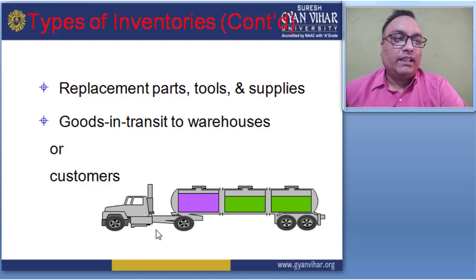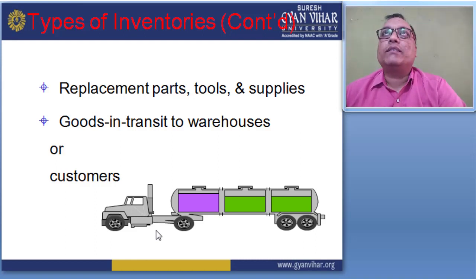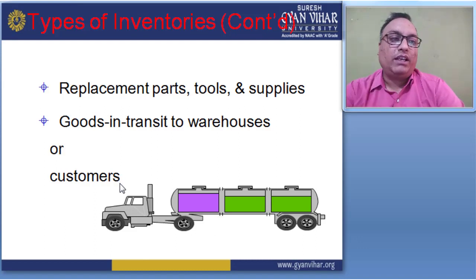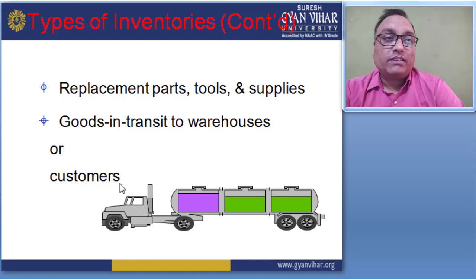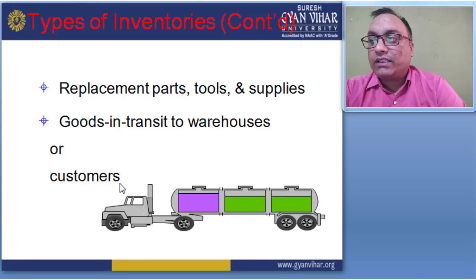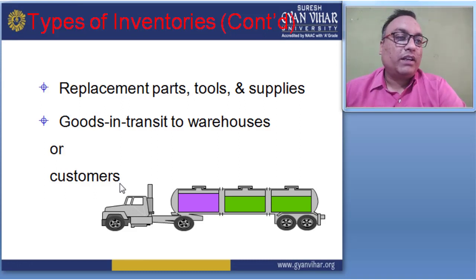Suppose in Delhi the main company is situated, but the warehouse is in Jaipur or Jodhpur, or in some cases Uttarakhand, Dehradun also. So the transportation cost should not be more than the product value, right? If transportation cost is more, it directly affects the product cost, right?